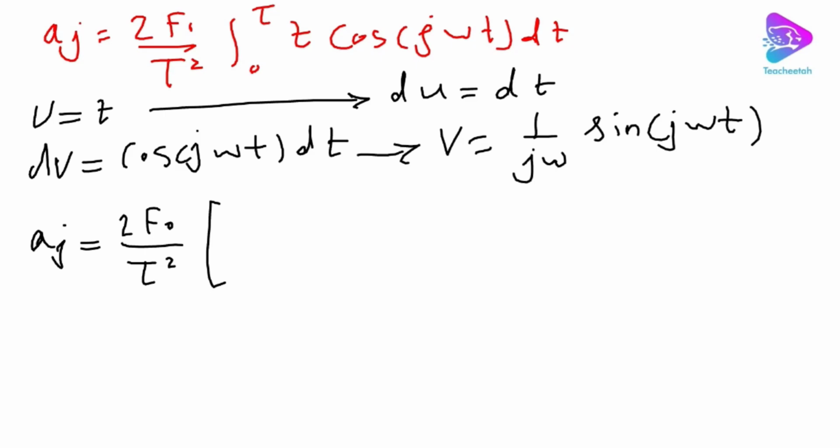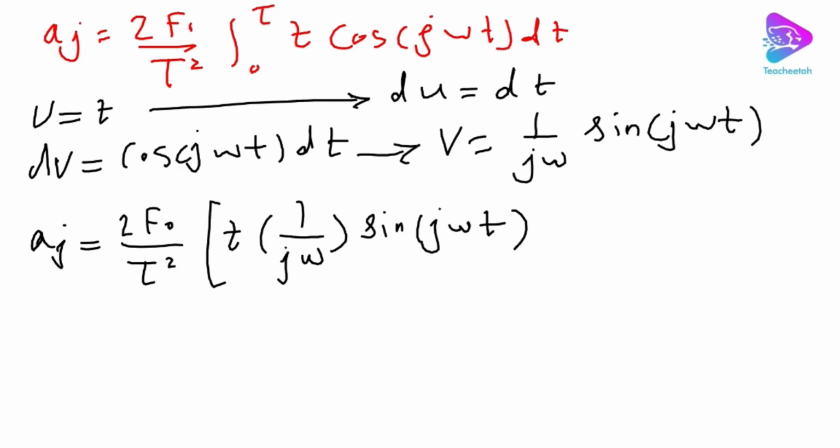So we have u times v, 1 over j omega sine j omega t, right, minus the integral of v du. But this part is okay, so we need to plug in 0 to tau here, minus the integral of v du from 0 to tau.